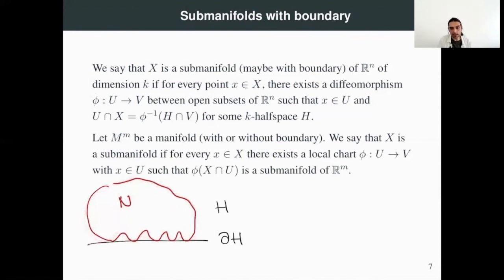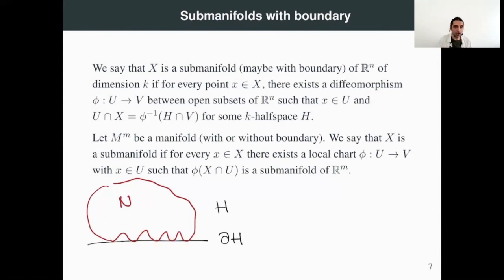And in this way, we have two manifolds with boundary, H and N. And what you can see is that the intersection of the boundaries is not very nice, because it's this sequence of points. But it is not very difficult to change N a little bit in such a way that the intersection is indeed a curve.